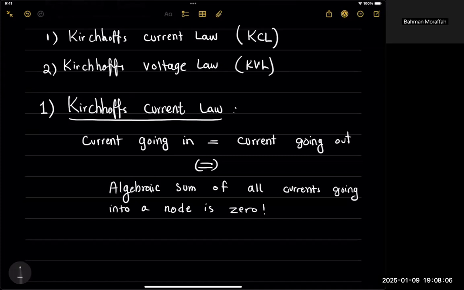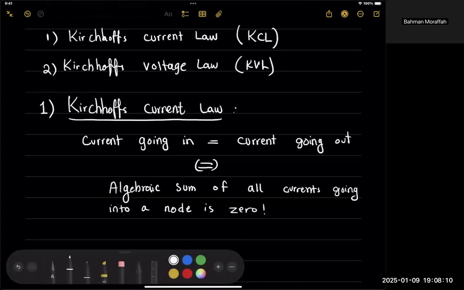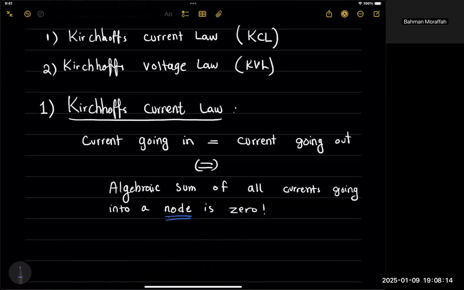Again, I kept saying node, node, node, but I haven't defined a node. A node is nothing but a portion of wire that connects a bunch of elements, right?